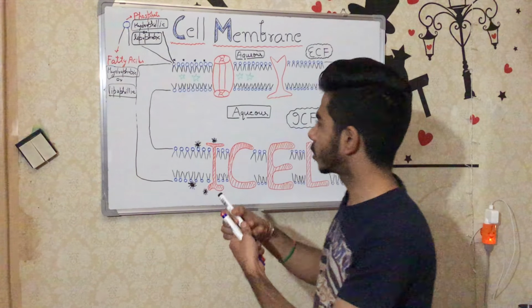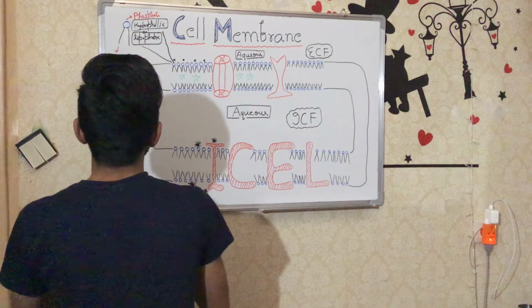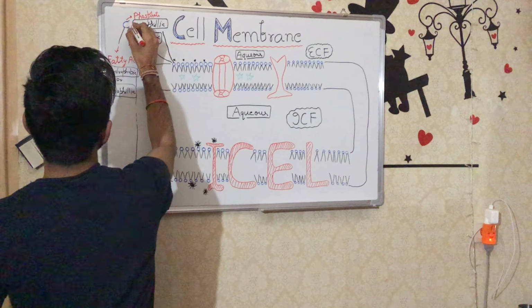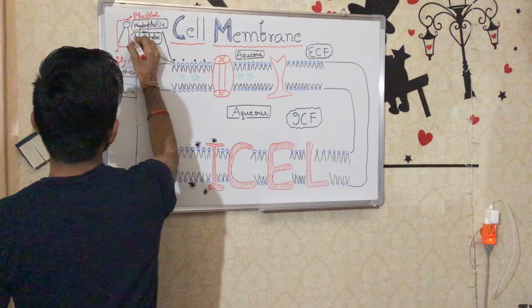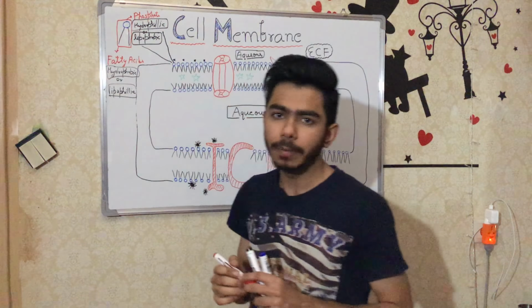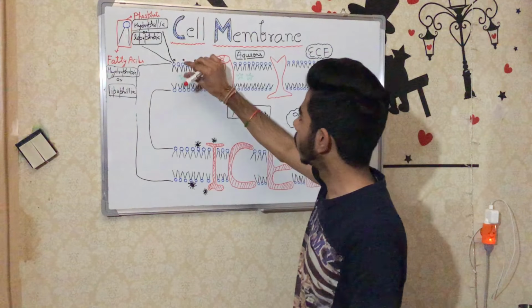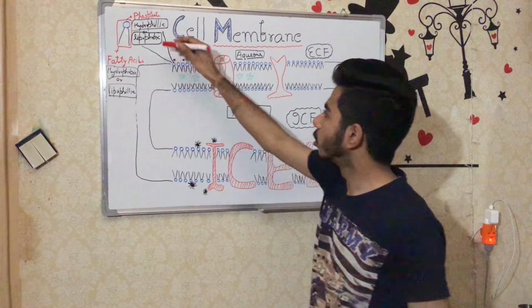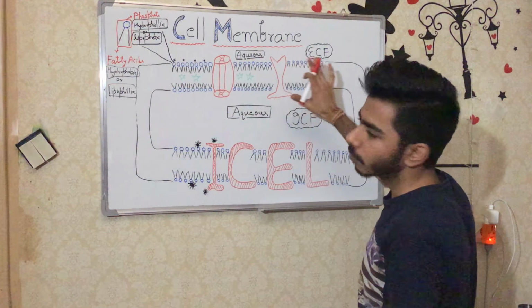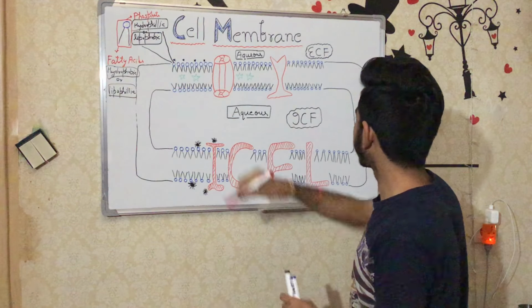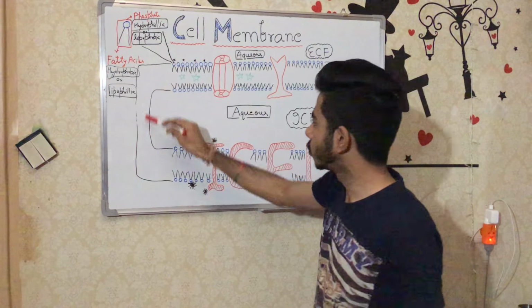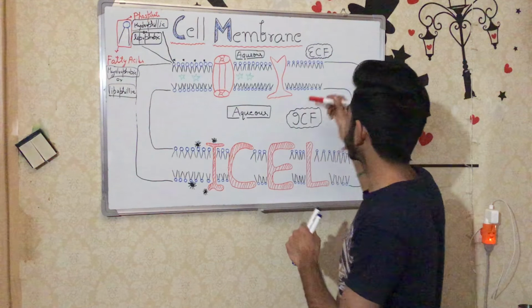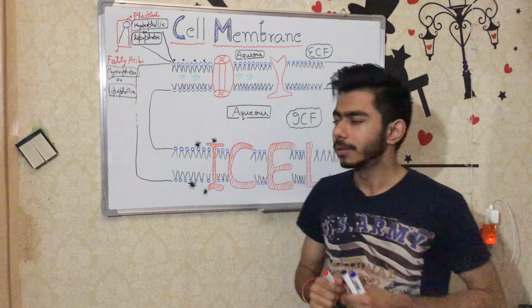So these are the concepts about the phospholipid structure. I have just zoomed in on one part of the phospholipid over here. There are millions of phospholipids in the cell. Here I have not drawn them all, I have just drawn the upper and lower side of the cell.